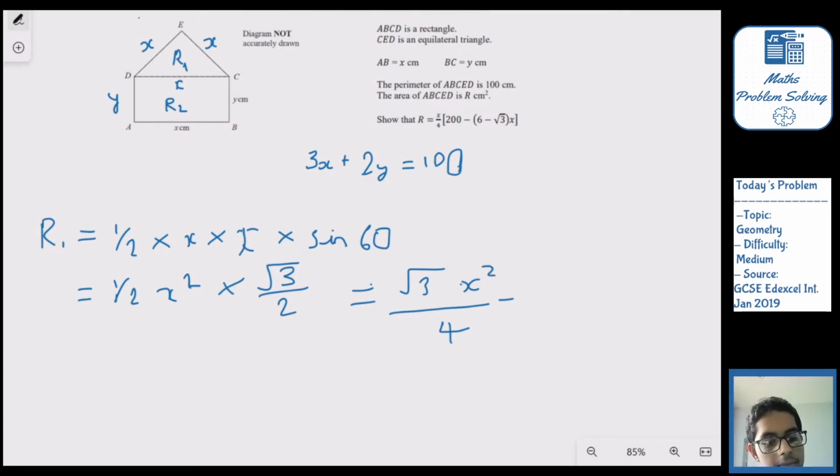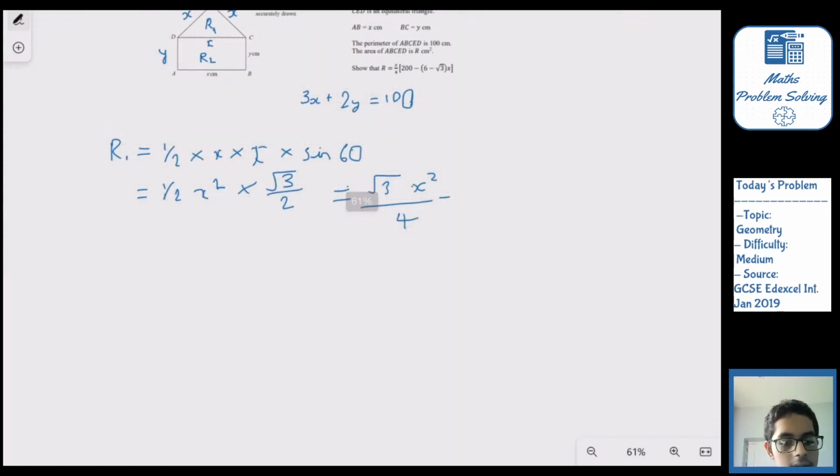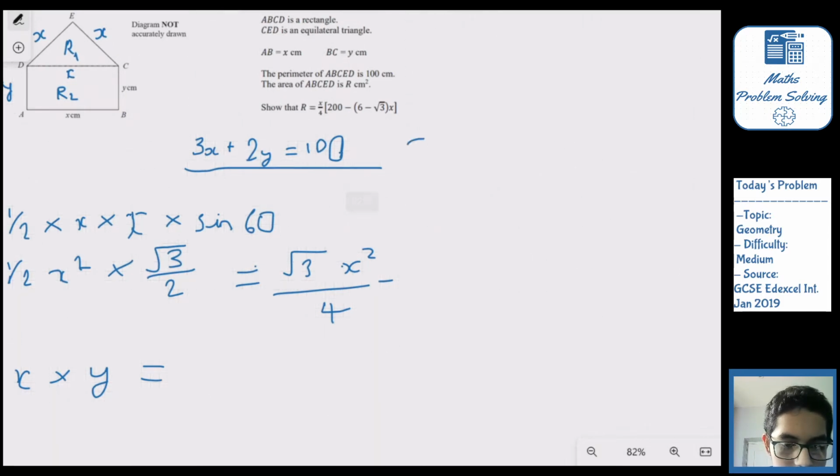And now for R2, let's work out the equation for R2. R2 equals basically just x times y. But as you can see, the question wants us to show that r is in terms of x. So we know from the equation 3x plus 2y equals 100 that we can rearrange for y. So 2y equals 100 minus 3x.